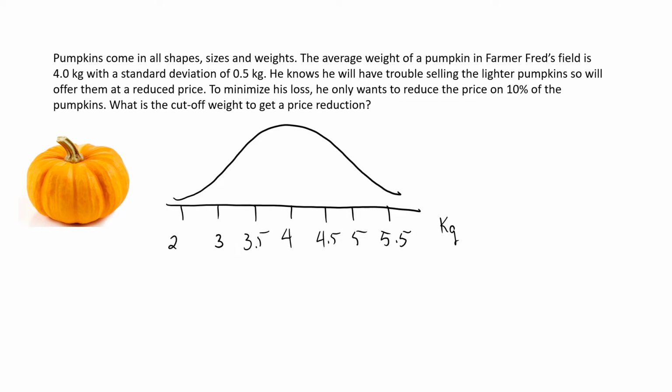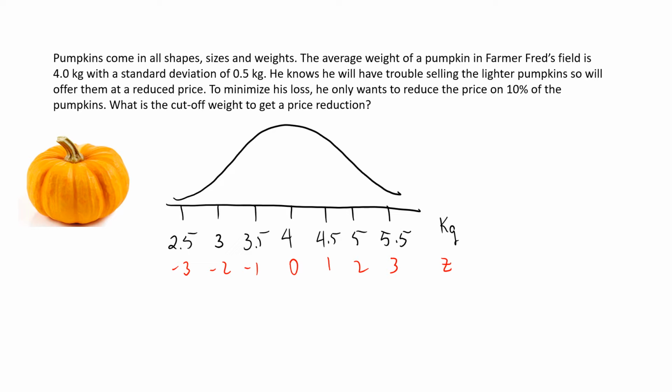You guys are very comfortable, hopefully, by this time doing this. And the standard z-scores are 0, 1, 2, 3, -1, -2, -3. So here's my standard normal curve based on the information given about these pumpkins.